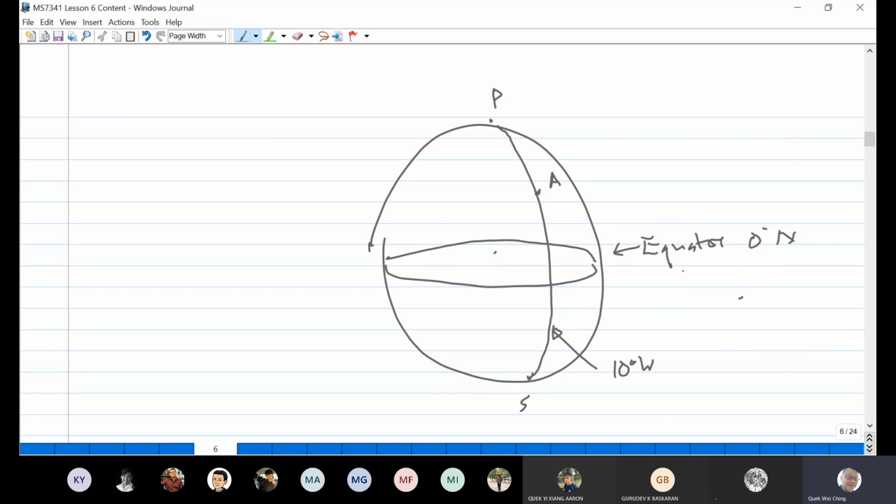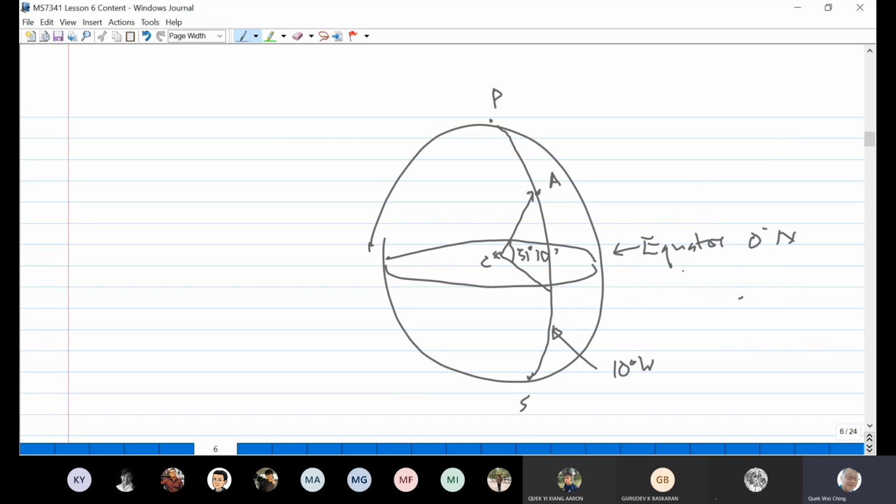Suppose this is the center of the Earth, we will call it C, center of the Earth. And what it means is that this angle is 51 degrees 10 minutes, measured from the equator, going up 51 degrees 10 minutes for point A.